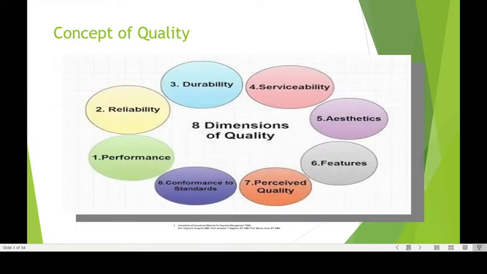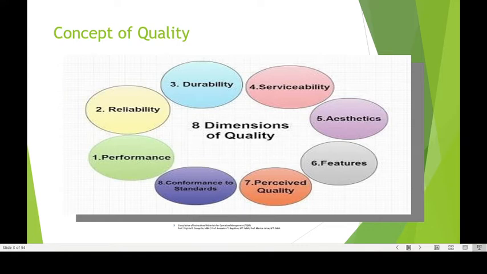Okay? Dimensions of quality talks about the 8 concepts. Sabi, meron tayong 8 concept. The first concept is performance. Lahat na itong concept na to ay makikita mo kapag bumili ka ng product. May etiketa dyan na ibinibigay. Yung small paper na yon, nakalagay na doon yung guide kung paano mo gagamitin yung produkto.